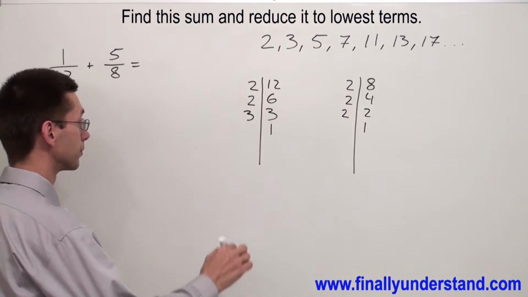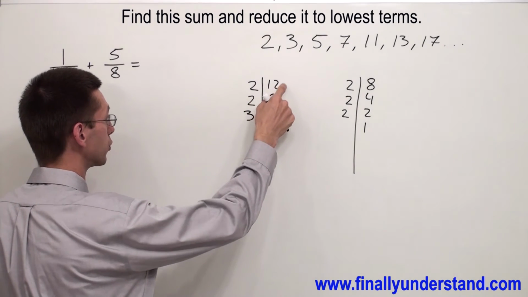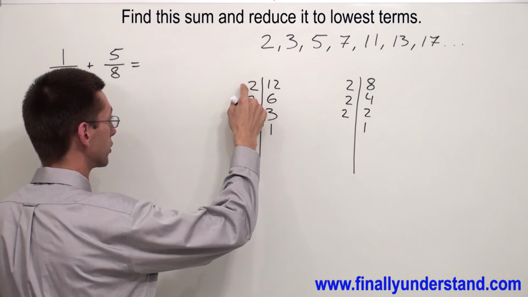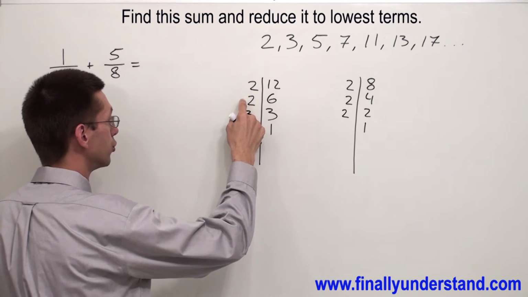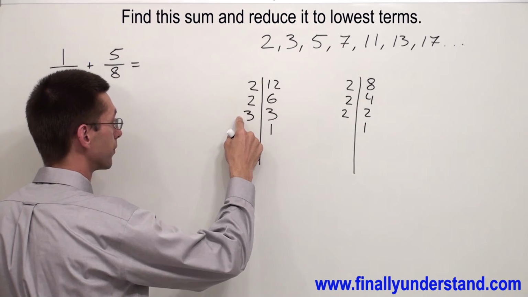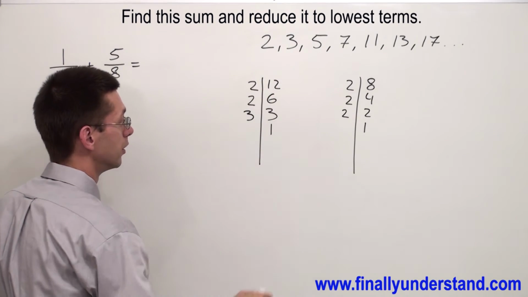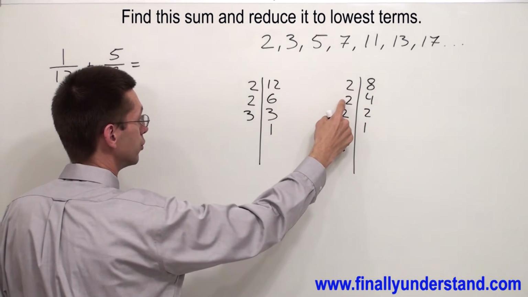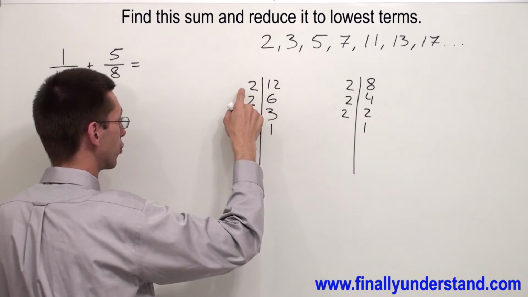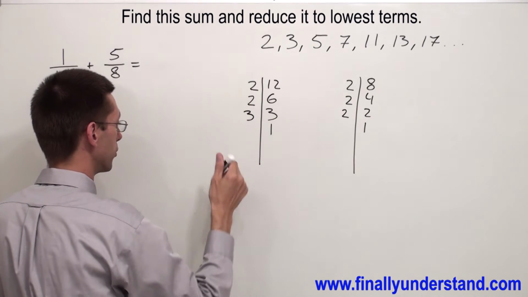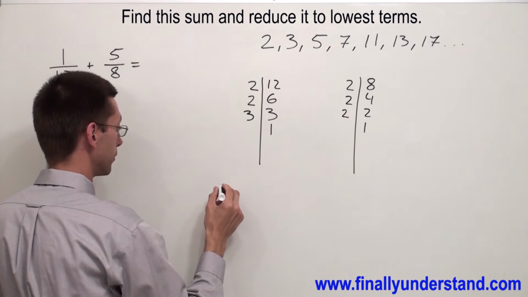Now, just take a look. We converted 12 into the product of prime numbers. In other words, 2 times 2 times 3 is equal to 12. Over here we have 2 times 2 times 2 is equal to 8. I'm going to write these prime numbers in exponential form.